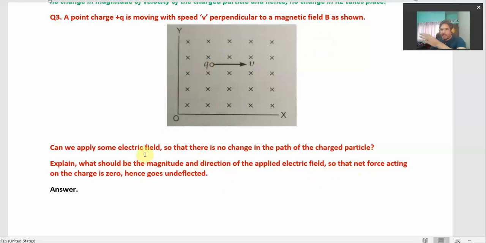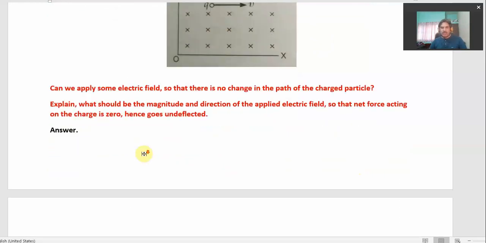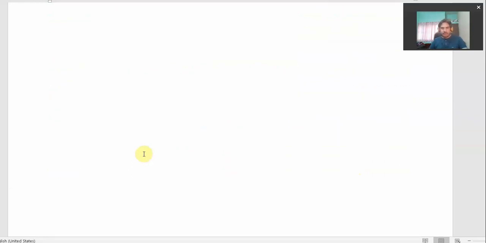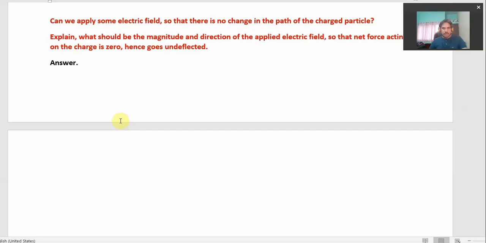So we already discussed that the electric force, or the force applied by the applied electric field, should balance the magnetic Lorentz force. So that means, writing the second part, the force exerted by the electric field should balance the force acting due to the magnetic field, right?